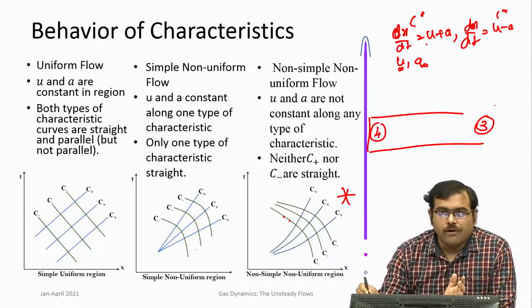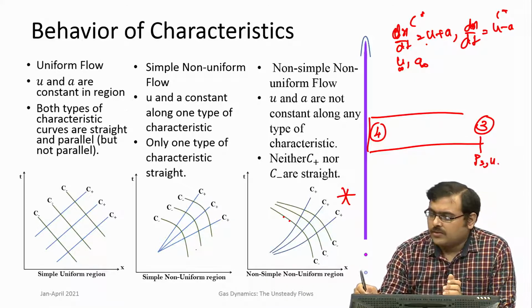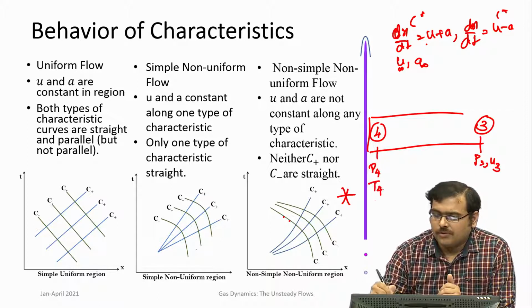Region 3 is uniform, with pressure P3 and speed U3, and region 4 has no velocity, it has pressure P4, T4, and U4 is 0.